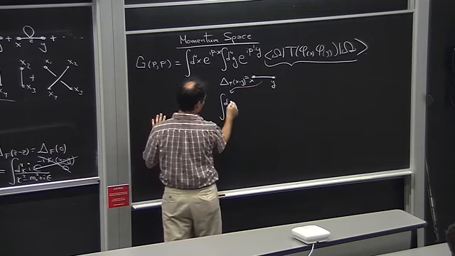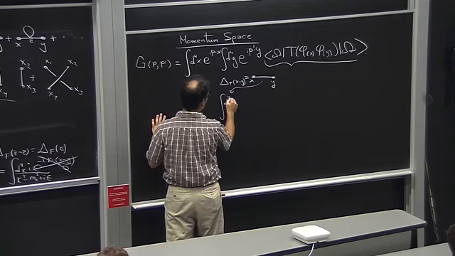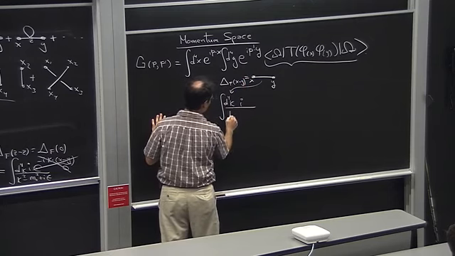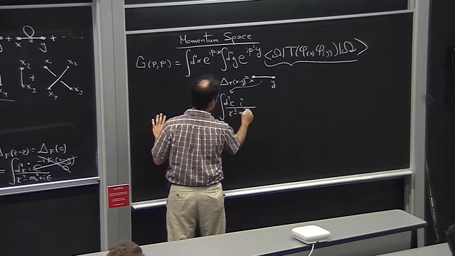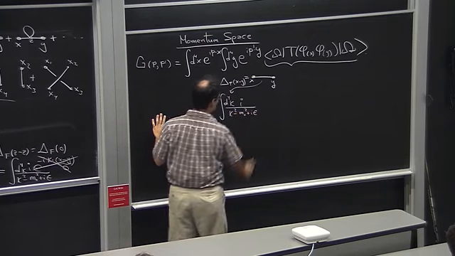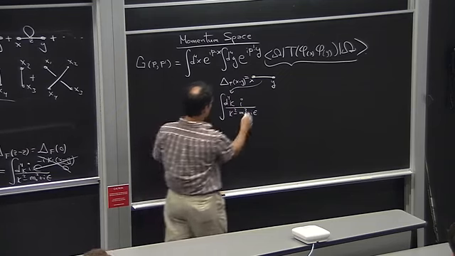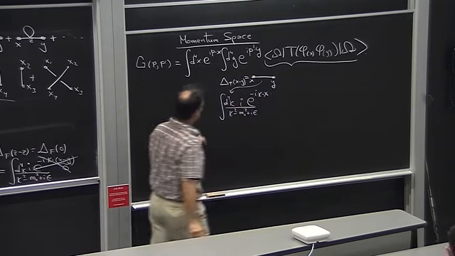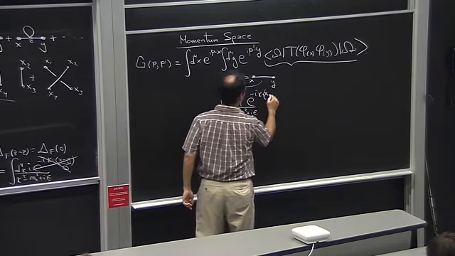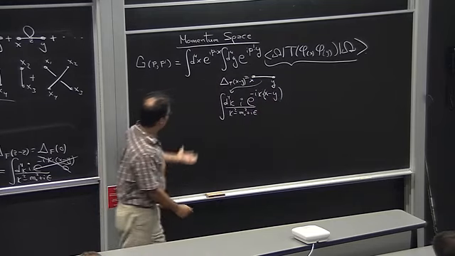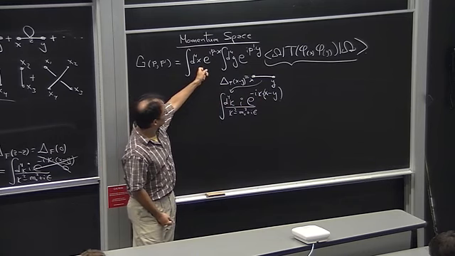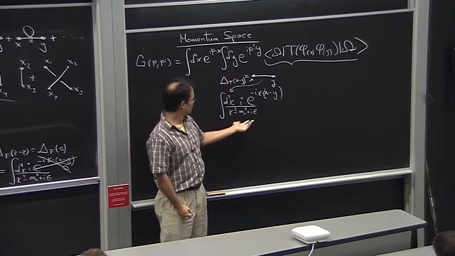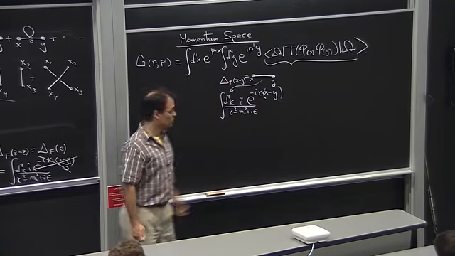But this in momentum space is given by the integral d4k, i over k squared minus m0 squared plus i epsilon, e to the minus i k dot (x minus y). Now it's very easy to compute the Fourier transform. We just apply these integrations to this, and what do we get?